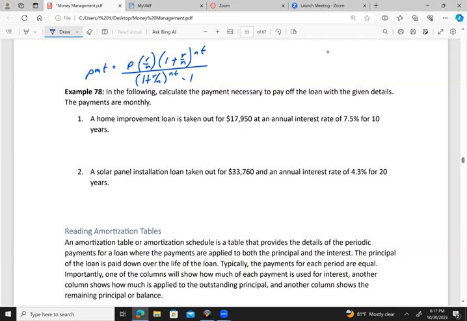So a home improvement loan is taken out for $17,950, with an annual interest rate of 7.5% for 10 years. So here we just plug in our values.